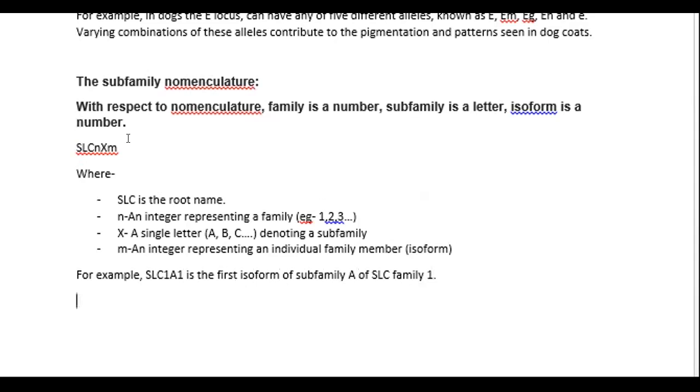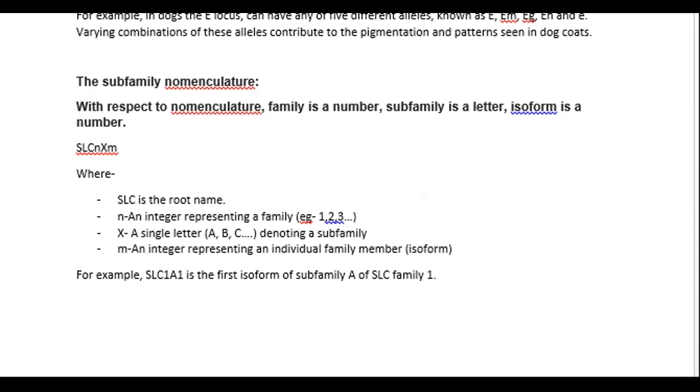So by this we are done with the nomenclature: the family is a number, so this n here, the family is a number obviously. The subfamily is a letter. And the isoform is a number. Here the isoform is an integer, like numbers.